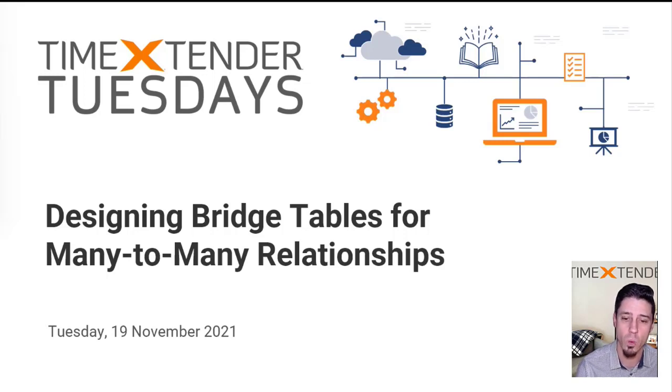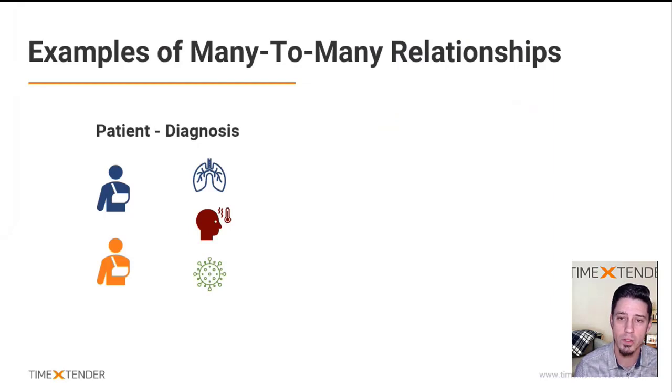First, let's understand what is a many-to-many relationship. Well, there's a few different examples. One of the examples that I like, because it makes a lot of sense, is understanding the relationship between a patient and a diagnosis. So let's say you're a healthcare system, you're a hospital, right? And you have your patient admissions, right?